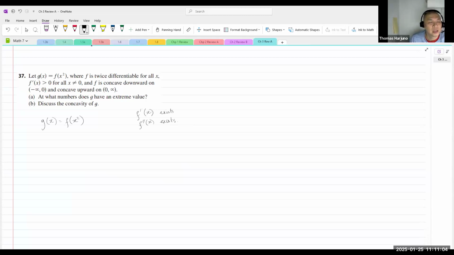Okay, and we are given that f prime of x is positive for x not equal to 0, and the function is concave downward on the left hand side. Let me just write it this way: downward there and upward here.